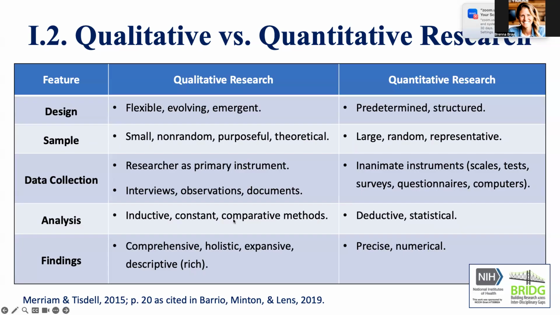When we're talking about analyses, quantitative research tends to use deductive and statistical analyses, whereas qualitative research tends to use more inductive processes. They're more constant, and we use more comparative methodology. The findings that quantitative research produces tend to be more precise and numerical, whereas the findings that qualitative research produces tend to be more comprehensive, holistic, expansive, and really rich and descriptive.